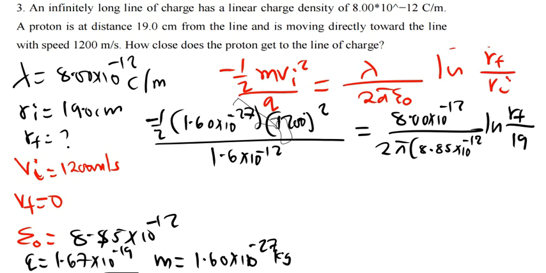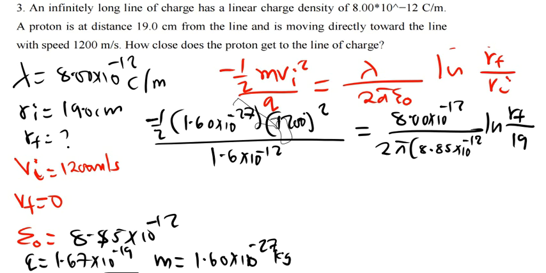Negative 0.5 times 1.67 times 10 to the power negative 27 times 1200 squared, divided by 1.6 times 10 raised to the power 19.